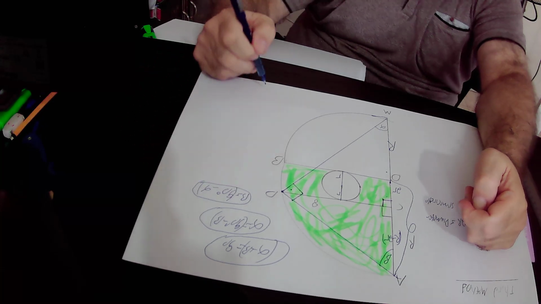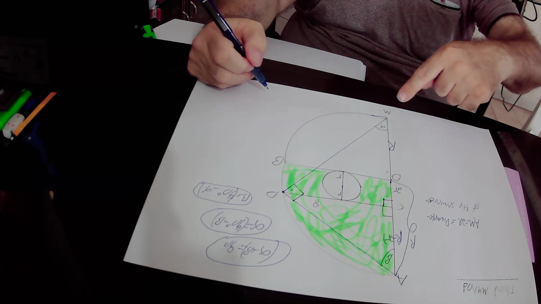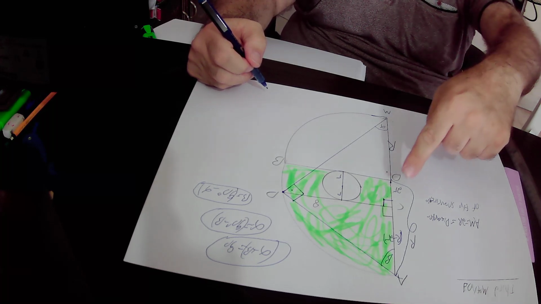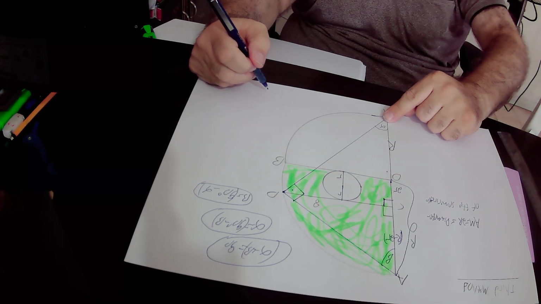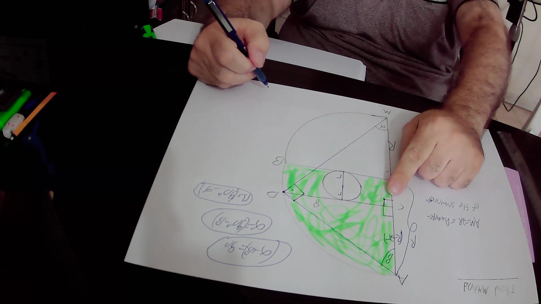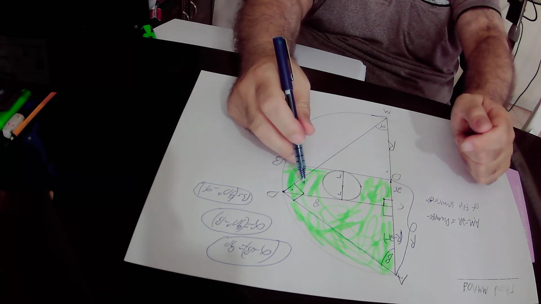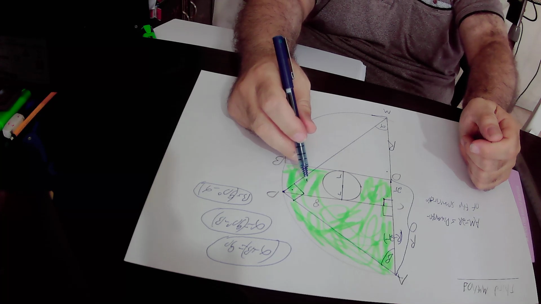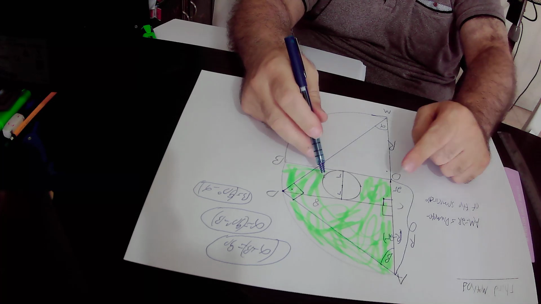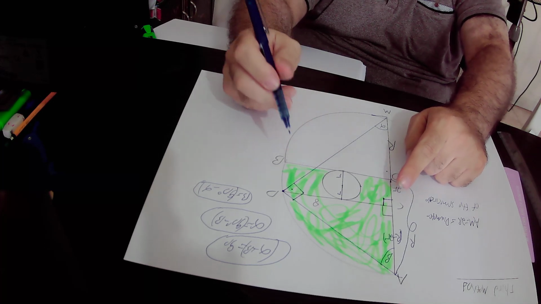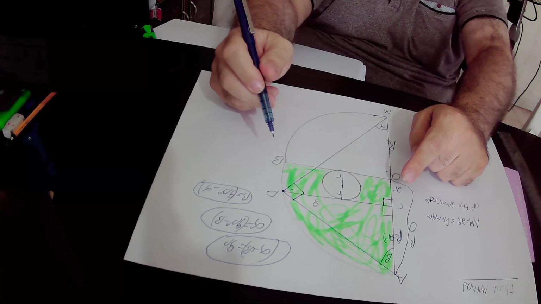Okay, so we'll focus on the right triangle, triangle MCD. In this right triangle, this angle equals alpha. This angle equals 90 degrees. Therefore, the missing angle must be equal to 90 degrees minus alpha. Why? Because 90 degrees minus alpha plus alpha is 90 degrees, and 90 degrees plus 90 degrees is 180 degrees. It is the sum of the angles in a triangle.